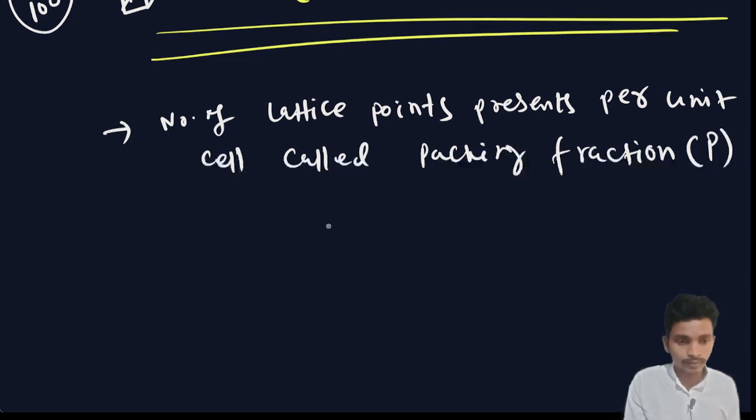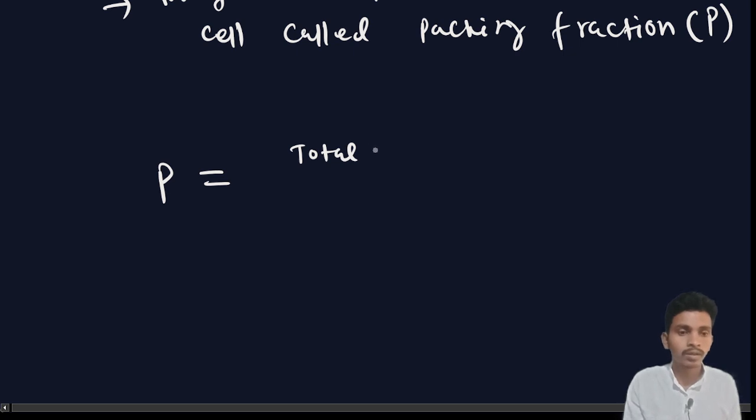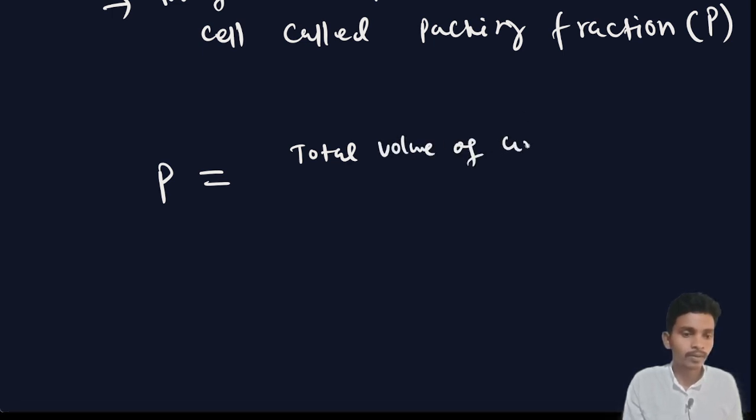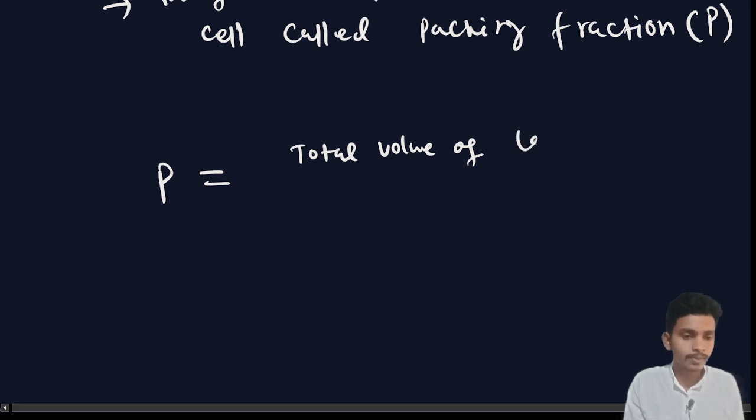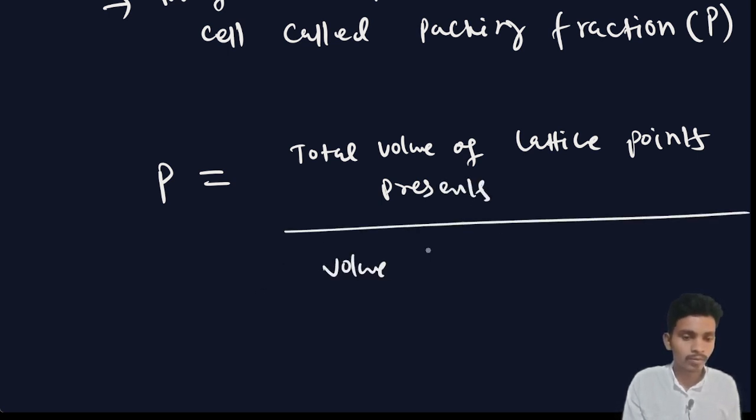Now you can also write P is equal to the total volume of lattice points present upon the volume of the unit cell.